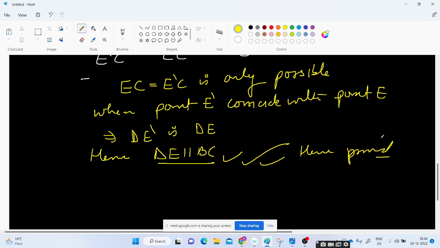I hope it is clear to each one of you. Simple. So we will do one question based on these two theorems.